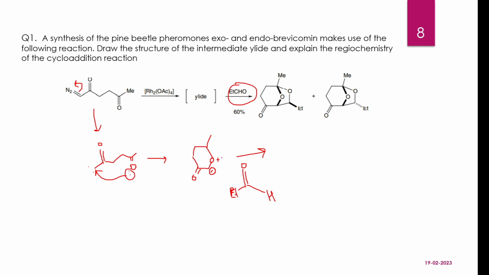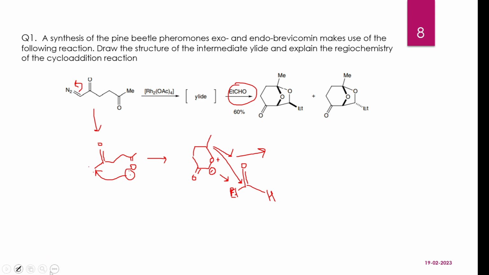So when the aldehyde is added, it can add to this 1,3 dipolar product like this, where one bond will be from here and one bond from here. Also it can bond crosswise from here.